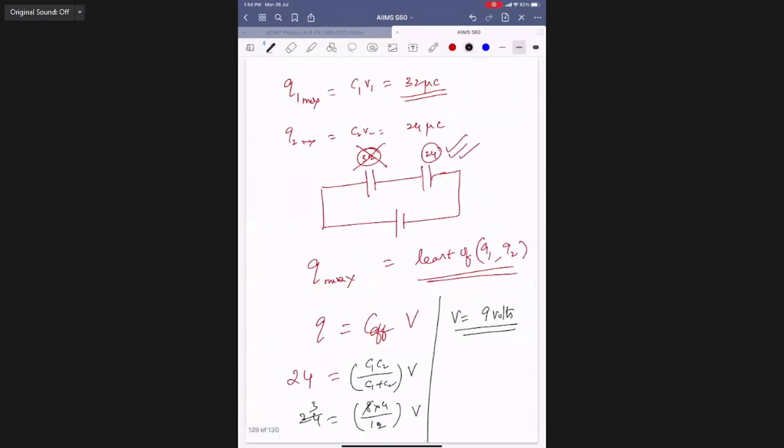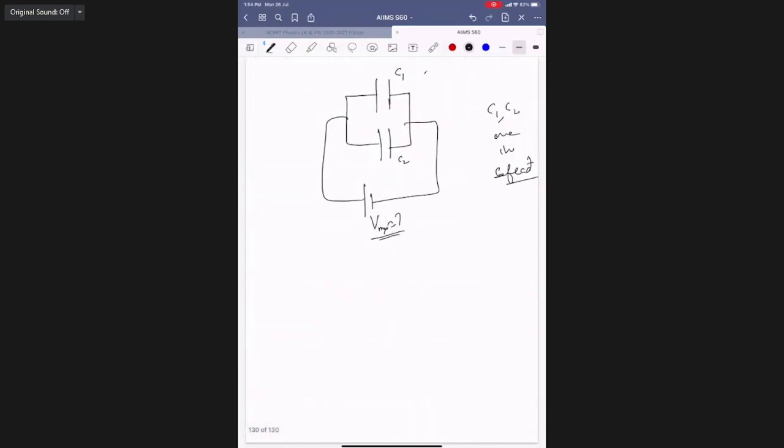The values given are 4 microfarad, 4 volts, and 6 volts. In parallel, both will have the same operating voltage.